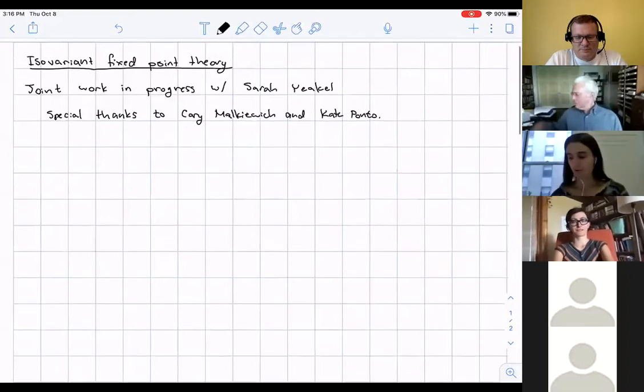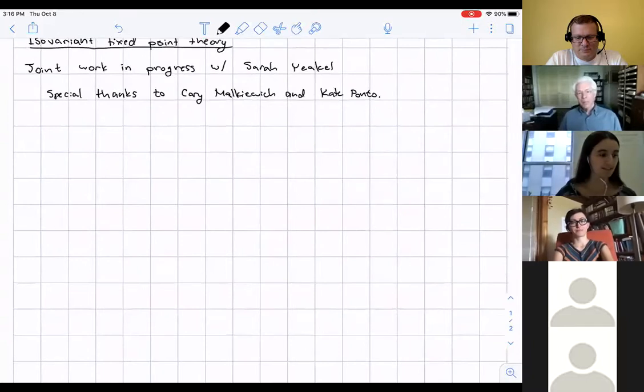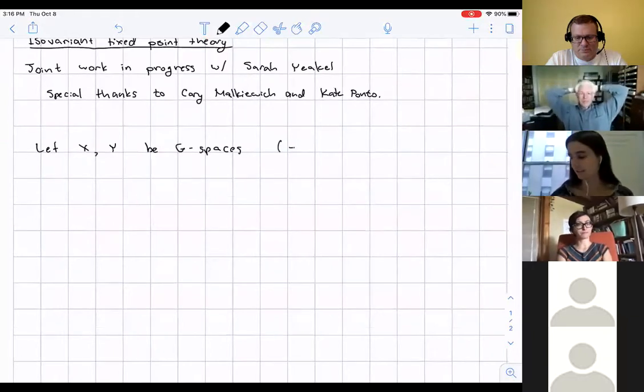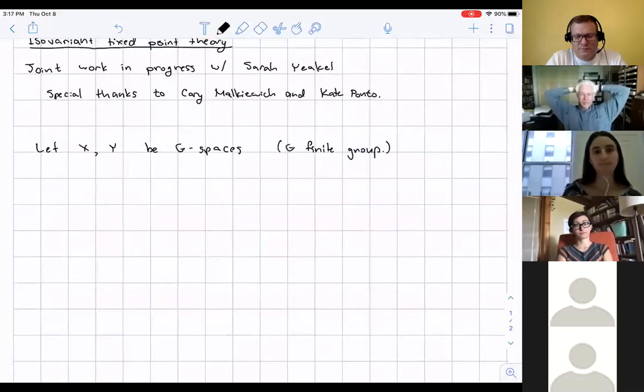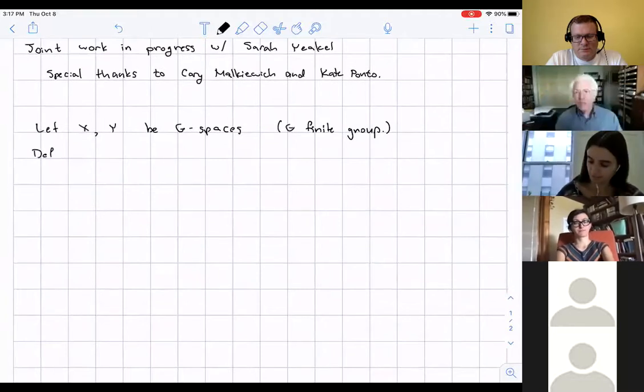Okay, so I'll start by defining what isovariant means. Let X and Y be G-spaces. And for us, G is going to be a finite group. So here's the definition.